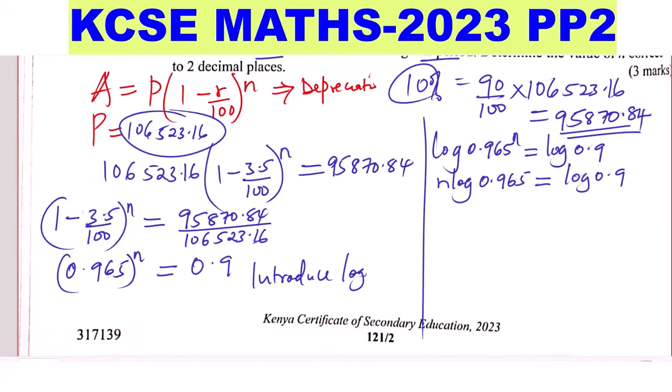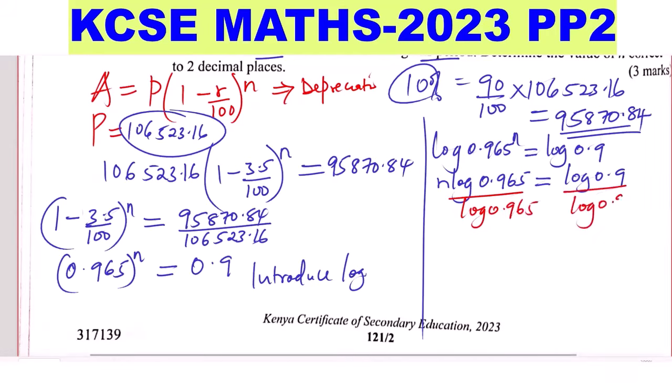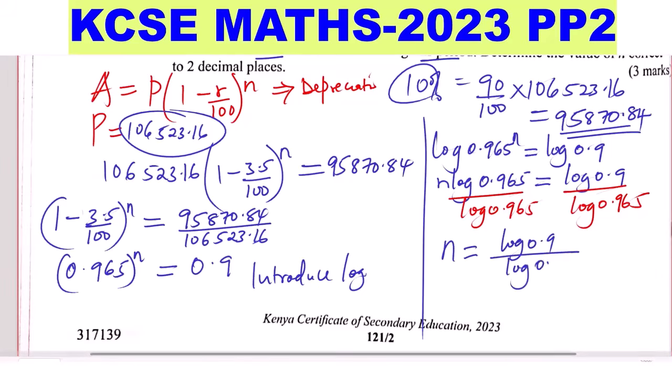To remain with n, divide both sides by log 0.965. This will give n as log 0.9 divided by log 0.965.